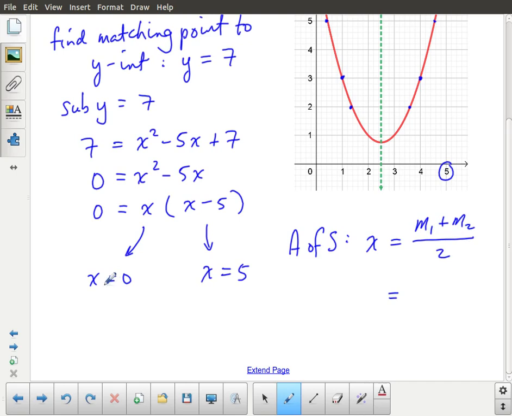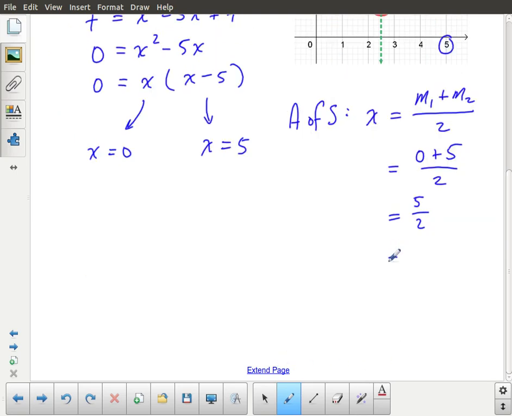You could just say that, well, I understand that this is symmetry, so that's going to be 0 plus 5 divided by 2, which is just 5 divided by 2, which you might write as 2.5. That's a terminating decimal. So this is exact. These are both exact values.